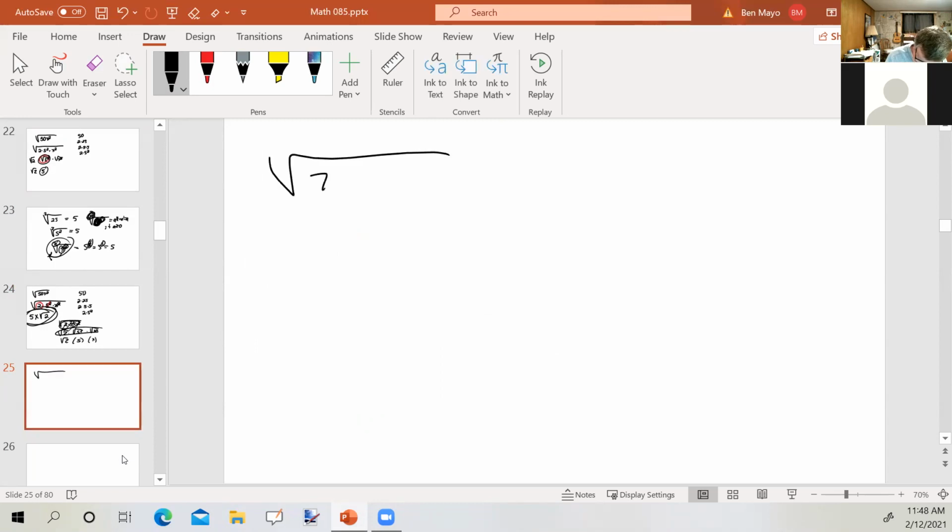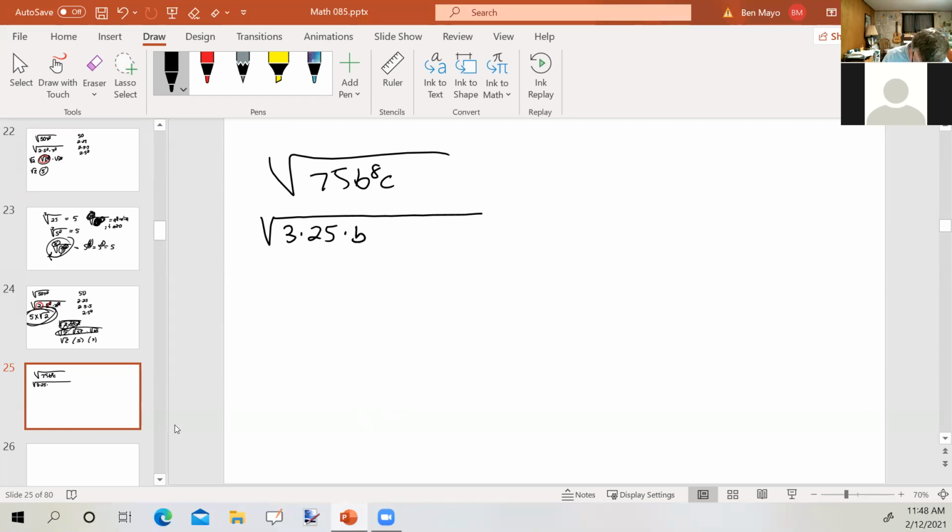We've got the square root of 75, b to the 8th, c. Okay. So what I'm looking for are squares and leftovers. 75 is 3 times 25. 25 is a square, isn't it? Yeah.